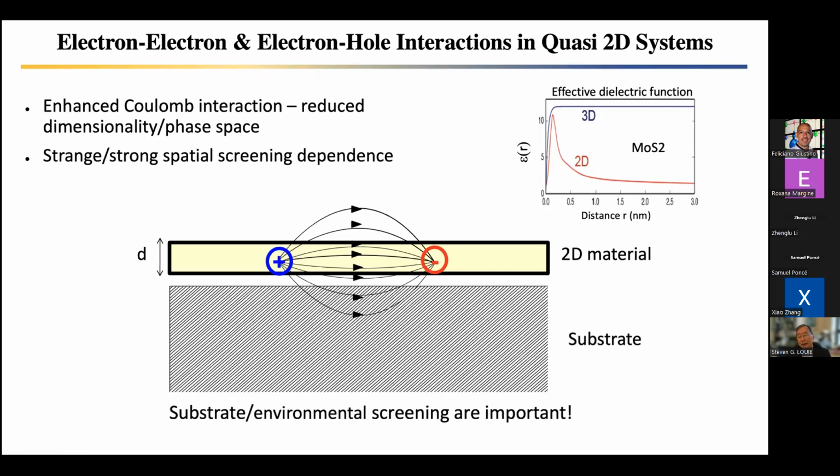And if you put this sample on a supporting surface, say, then you see the field line could go into the substrate, and then the interaction will be modified. So you expect in general, the excited state property of a 2D material would be very strongly dependent on the substrate and environmental screening.